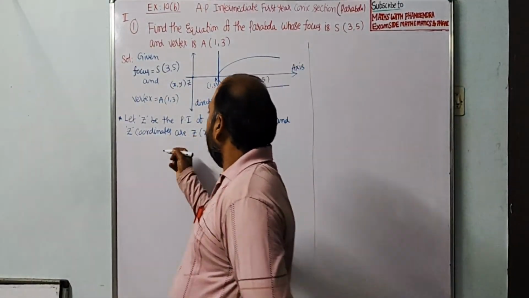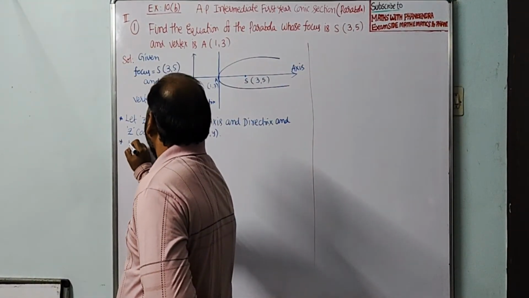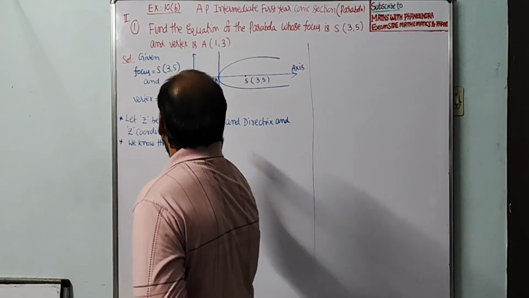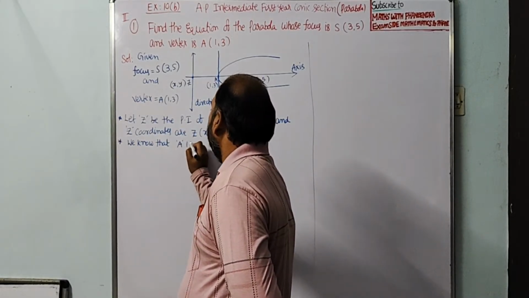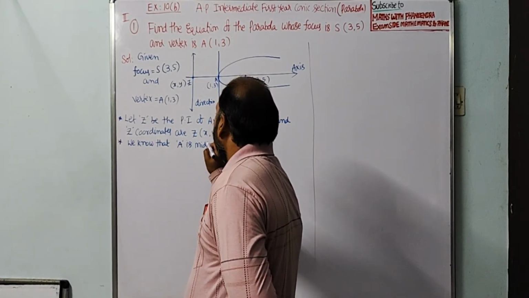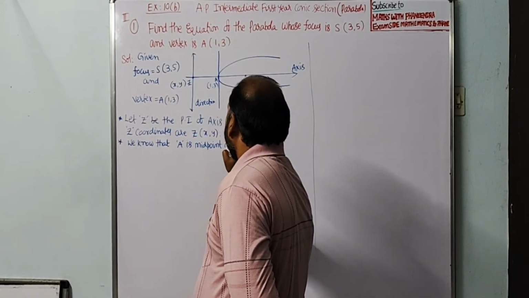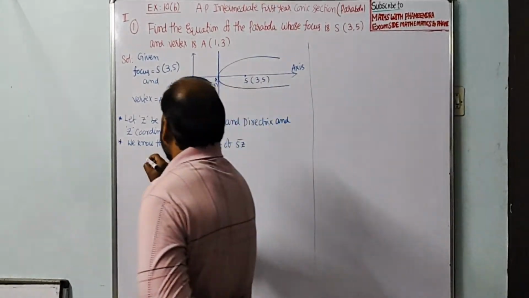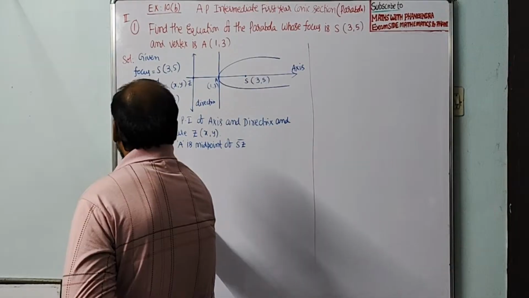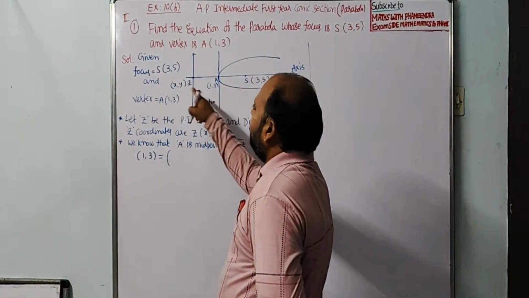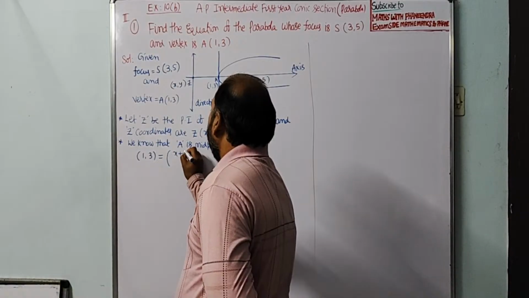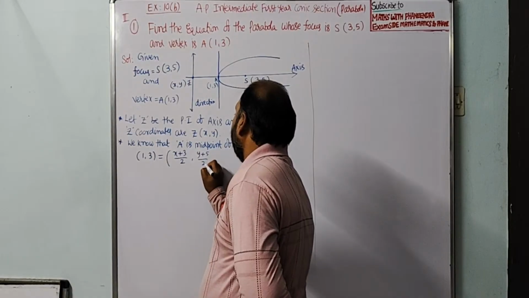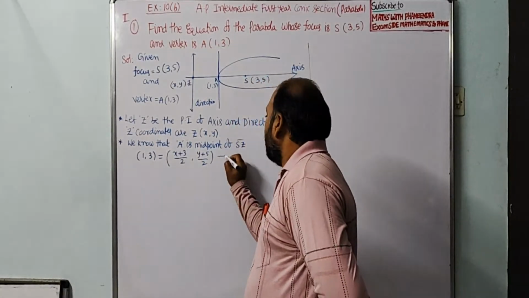Not only that information, we also know that A is the midpoint of SZ. So A is the midpoint of SZ means what? A value (1, 3) is equal to the midpoint of SZ, ((x+3)/2, (y+5)/2).